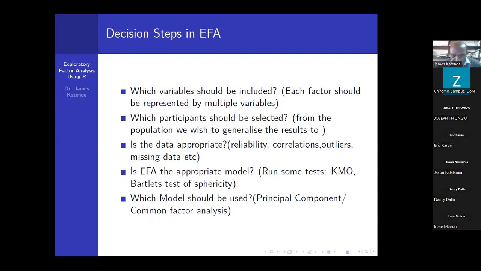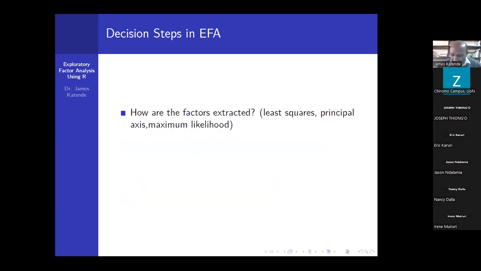The common factor analysis splits the variance into the communality and the specific variance, and the principal components method does not do that, but they both give you an indication of how many factors to include in your model.